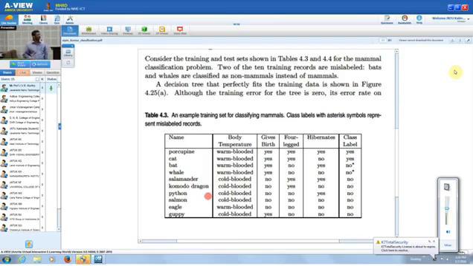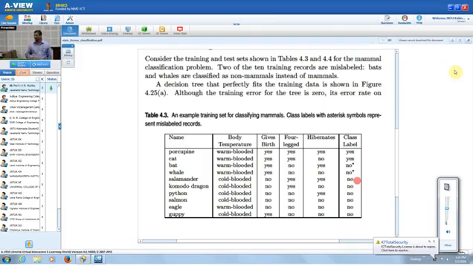Now, because of this it gives an error. It says that though it gives birth and though it is not four-legged, they are not mammals. So any other animal satisfying these two conditions will also be classified as a non-mammal.